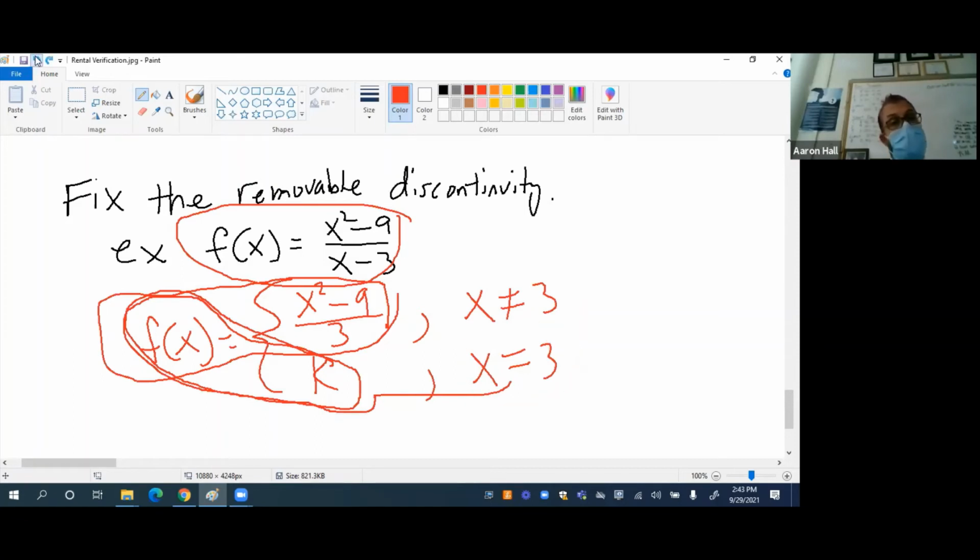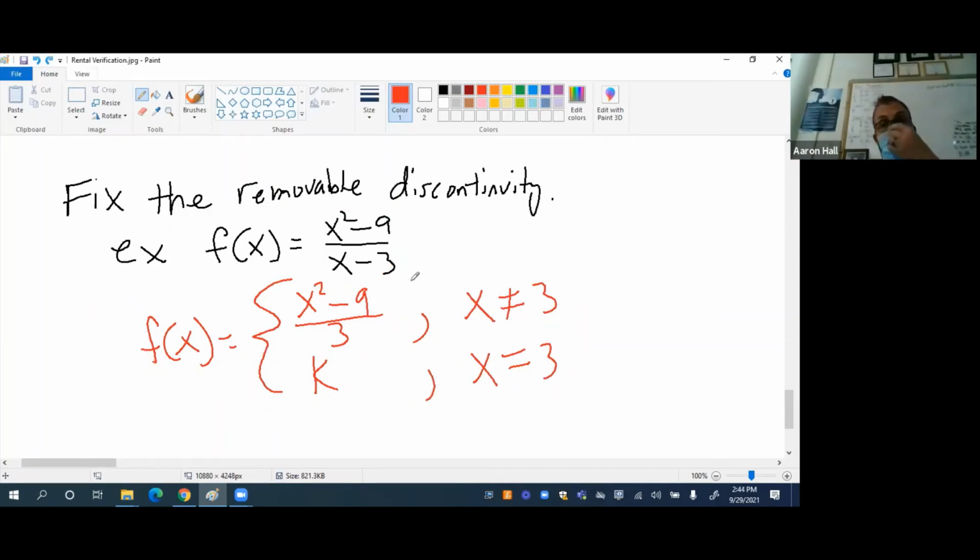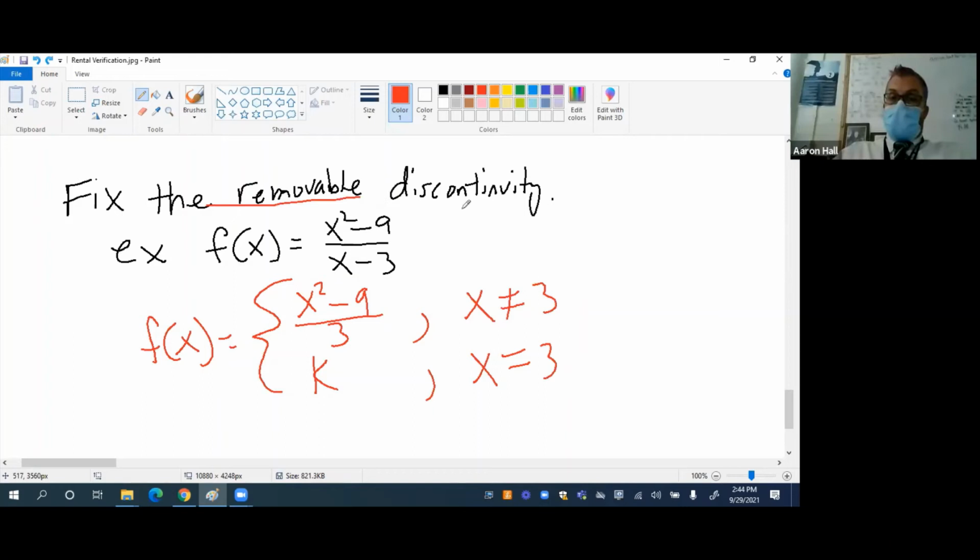So the question then is, we know that we need to fix the removable discontinuity. X has to be 3, but what's the corresponding y value?